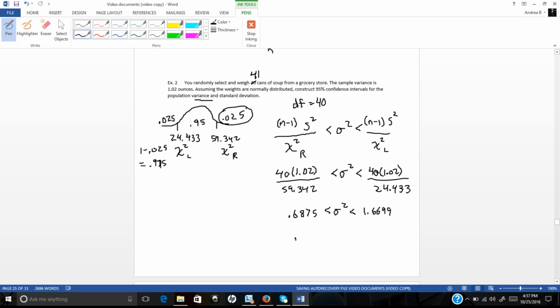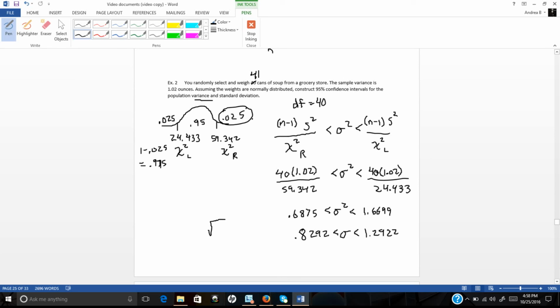If we square root the one on the left side, we get 0.8292. And for the other value, if you square root that, we get 1.2922. Remember your square root symbol? In case you get some of those mixed up, that's your square root symbol. So you square root both of those to get your standard deviation value.